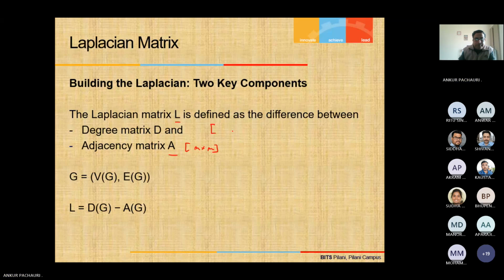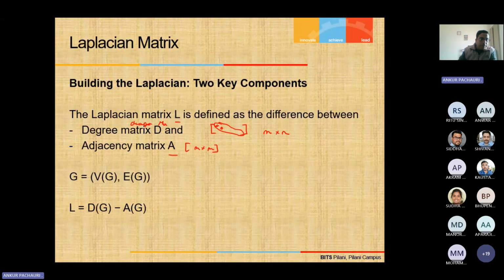Then we have another matrix, which we call D, the degree matrix. Definitely it will be a diagonal matrix. The order of this matrix will also be n cross n.